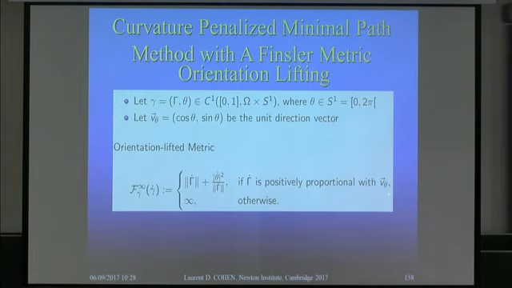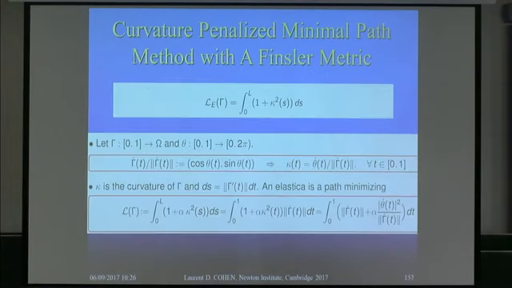So if theta here is the same as the orientation of the curve, then the metric will be this. If not, it will be infinite. And this Finsler metric gives you an equivalence between minimizing the Finsler metric in this 2D plus orientation space and minimizing the elastica in the 2D space.